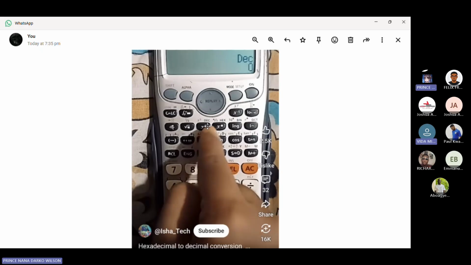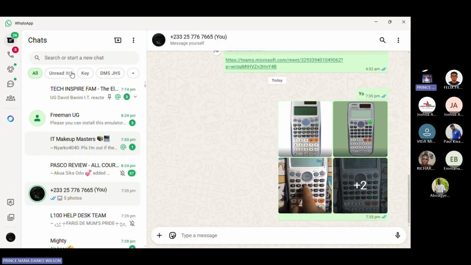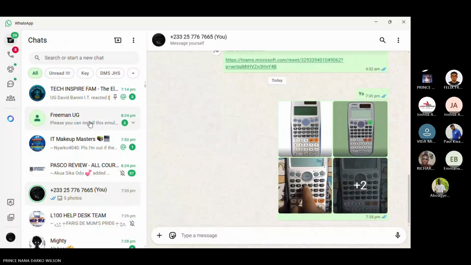Yes, Mr. Freeman, please. Mr. Freeman, I just sent you some setup view right now on WhatsApp. I don't know if you can take a quick look at it while you are teaching. I believe it's a calculator interface for Casio? Yes, please. Okay, let me look at it. If it will not take long to set up, I think we can just use that.